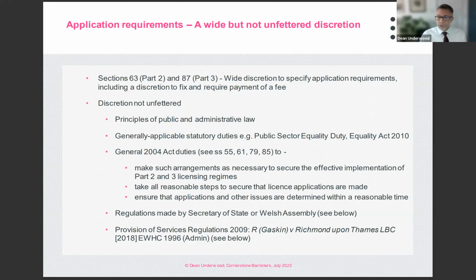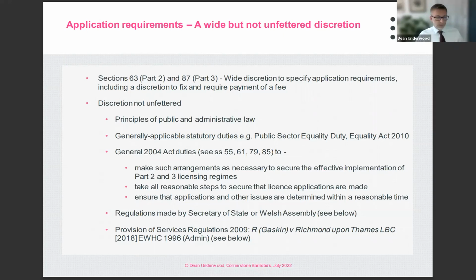And for those who need a reminder as to what the public sector equality duty is, I'll read it out very quickly. Under section 149 of the 2010 Act, a public authority must, in the exercise of its functions, of which of course Parts 2 and 3 are functions, have due regard to the need to eliminate discrimination, harassment, victimization, and any other conduct that is prohibited by or under this Act, advance equality of opportunity between persons who share a relevant protected characteristic and those who don't, and foster good relations between persons who share a relevant protected characteristic and those who do not share it.